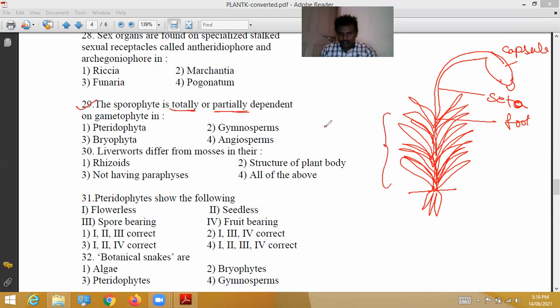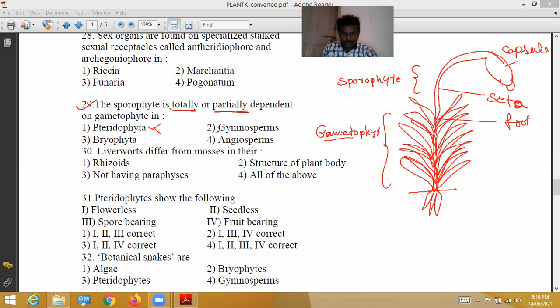In which of the following? In pteridophytes, generally the sporophyte is the dominant plant, and it would be the reverse, so this does not happen in pteridophytes. So option 1 is wrong.